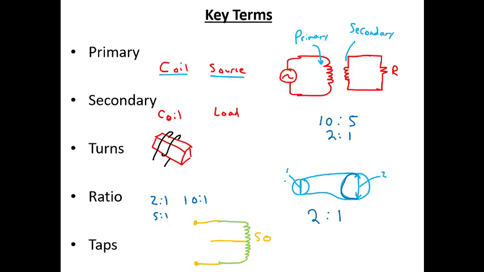If the transformer has what's called a center tap, that would be a connection to the middle. And if we go between the center tap, let's call this one A and this one B, we would have 25 turns here, and we would have 25 turns here. And this will allow us to get different voltages off of the transformer. So taps are connections to the transformer coil in different positions.